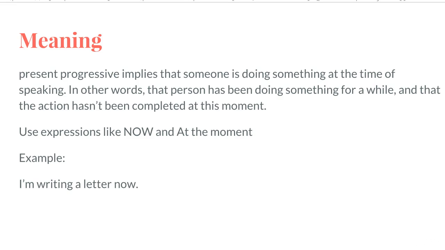So, what is the meaning of the present continuous or the present progressive? Both mean the same thing. The present continuous implies that someone is doing something at the time of speaking. So, for example, I'm explaining the present continuous now.